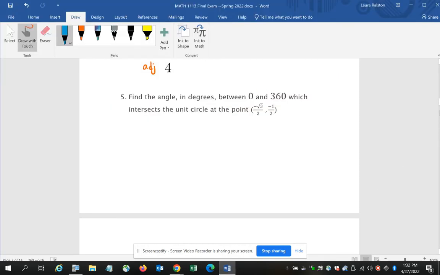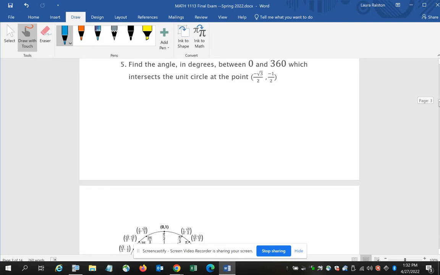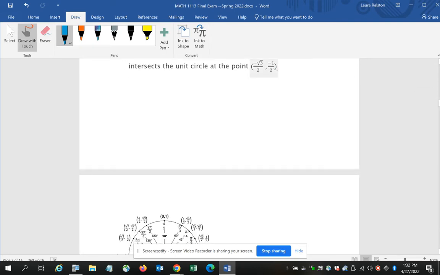I've copied one onto the page here, and we're looking for -√3/2, -1/2. Now that may help you to realize, okay, this has a negative value and a negative value. And when you have a negative x, negative y, you are in quadrant 3. So I know that I need to look in quadrant 3.